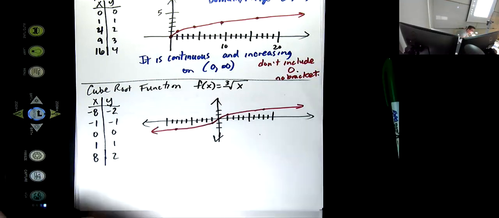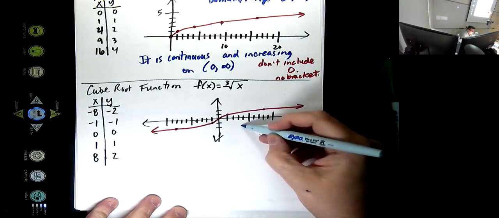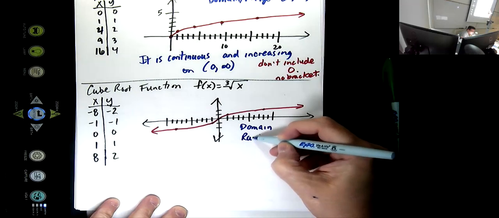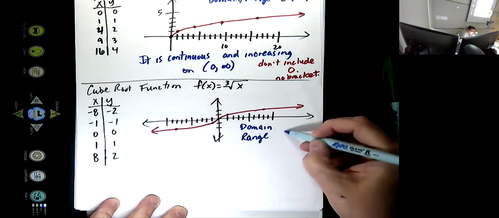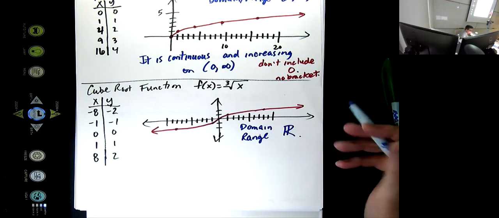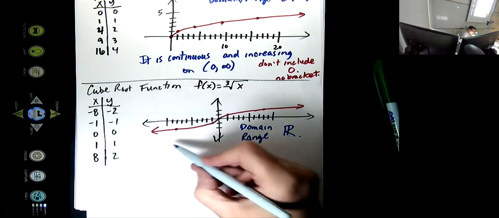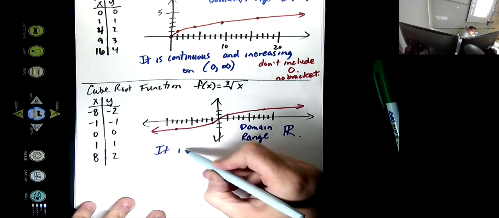So. Domain range. Again, all real numbers. And it is increasing and continuous everywhere.